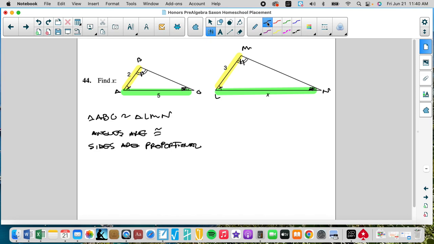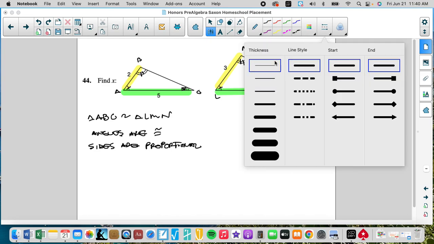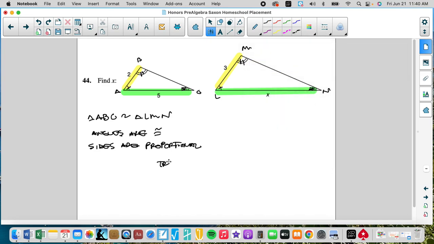So we can look at triangle ABC, and we can do 2 over 5, or AB over AC, and it should be proportional or equal to triangle LMN. So that's going to be 3 over x. And so we can use the cross product.